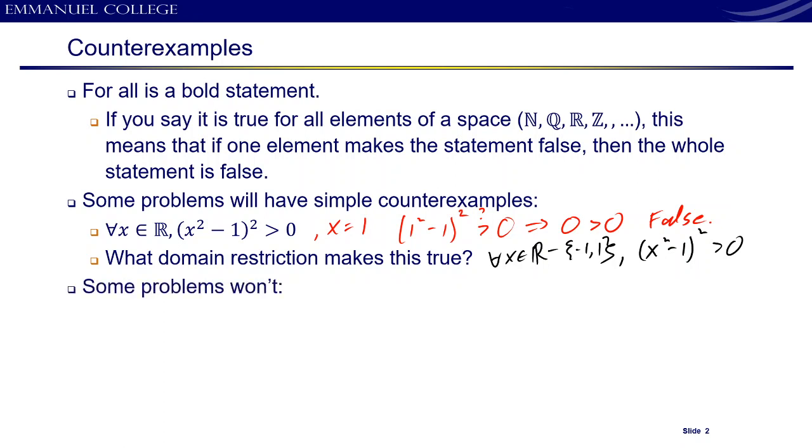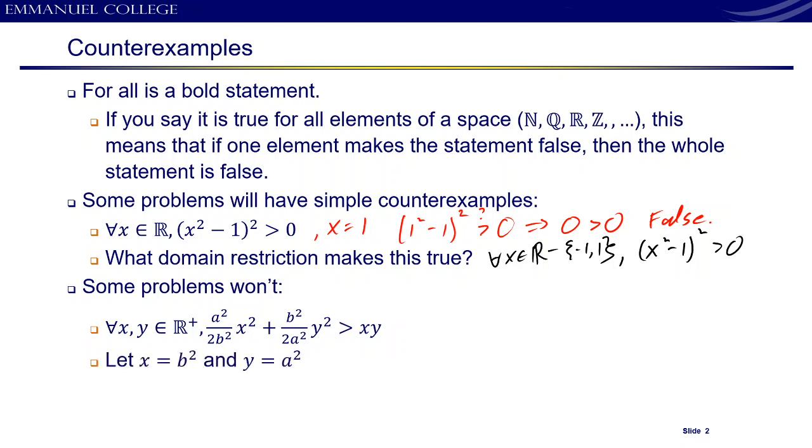Some problems don't have easy counterexamples. Take this one. Now, if you ask me, how do you know? Well, the book gives this one, so I know what you have to pick. This is what you have to pick.